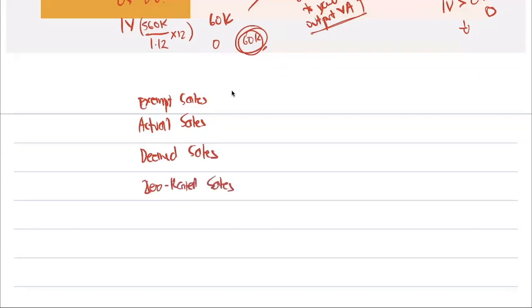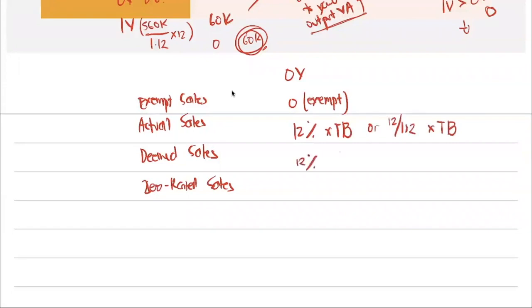So as to your output VAT, exempt sales, zero because it is considered exempt. Actual sales, 12%, depending on your tax base, or 12 over 112 multiplied by your tax base. Deemed sales, this is 12% again, depending on your tax base, which is either your market value or your cost or market value, whichever is lower.